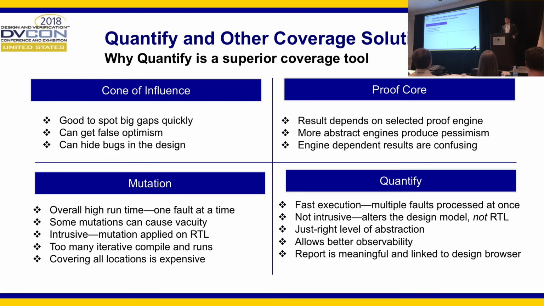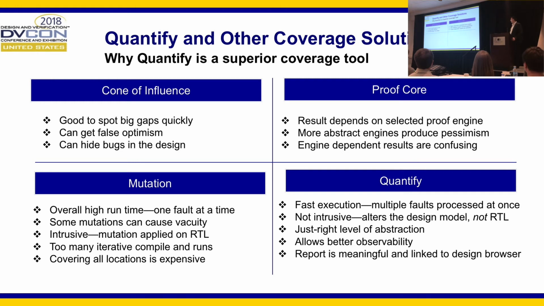Then it can be very misleading. For us, this is the zero step of Quantify. Of course, we target our effort where it is necessary, so we do weed out what is not in the cone of influence, but we do much more than that. So it's a good approach to quickly get rid of stuff you don't need to look at, but it definitely is not the end of your effort.